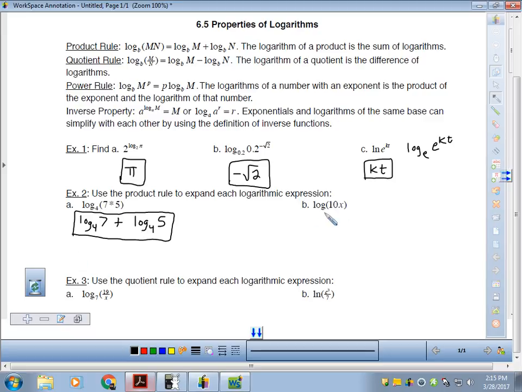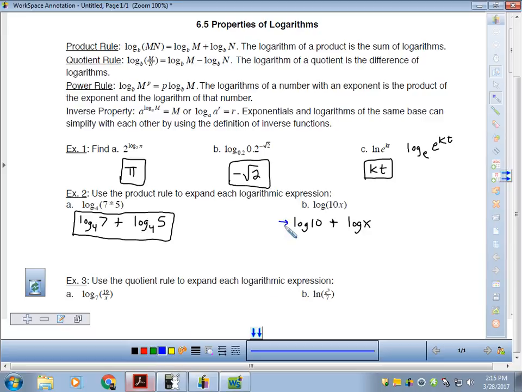All right. B over here, we have log of 10x. So this 10 and x have a multiplication between them, so we can split them into addition. So this is log of 10 plus log of x. Now here's the thing though, we can actually simplify this a little bit more.